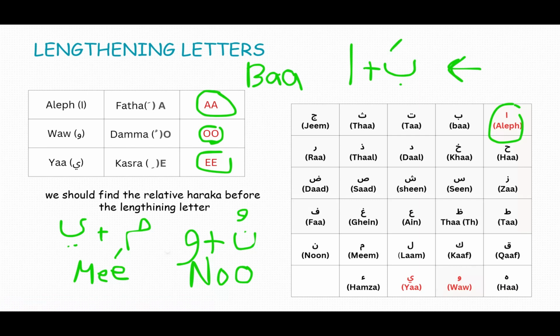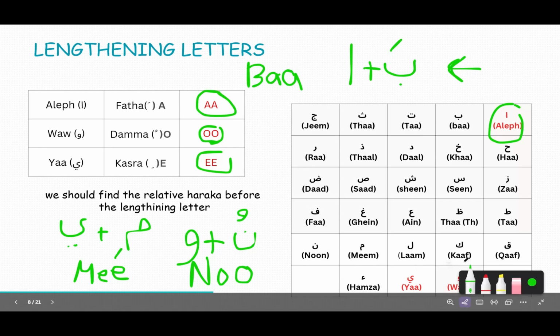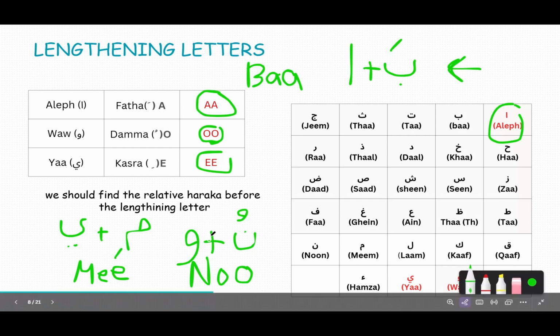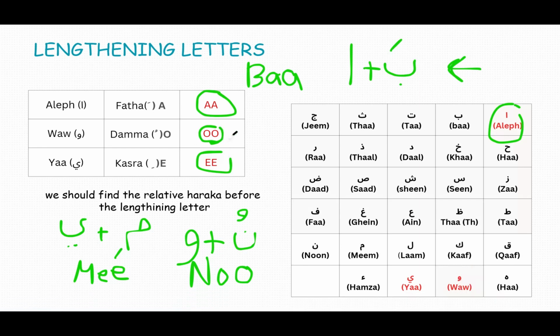As a summary, alif always works as a lengthening letter for the a sound. So it's ba, ta, tha, ja, ra, sa, and so on. Waw and ya have two cases, two situations. They work as lengthening letters if they have no haraka and they have the relative vowel before, so a lengthening letter for the oo sound and the e sound.